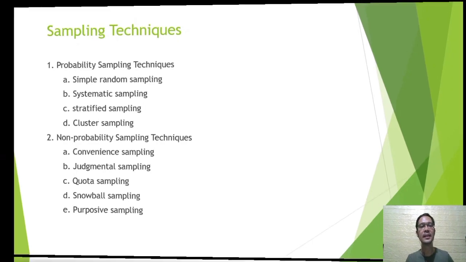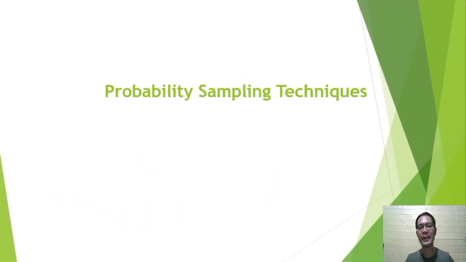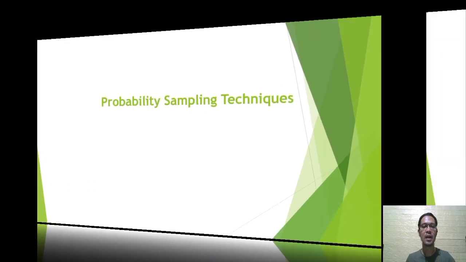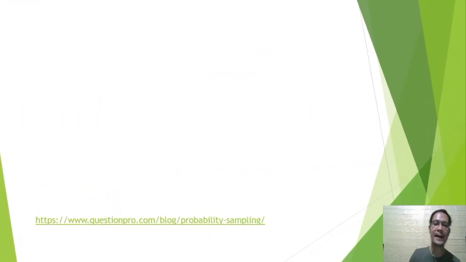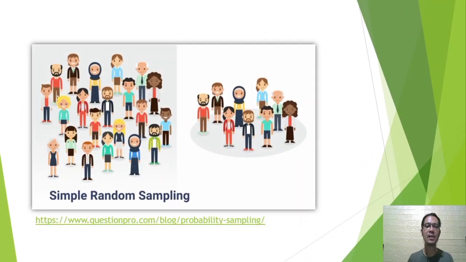So, let us discuss first the probability sampling techniques. First, we have what we call simple random sampling. So, what is simple random sampling? This is the basic sampling method assumed in statistical methods and computations.